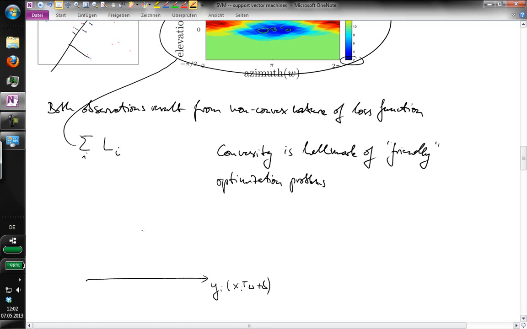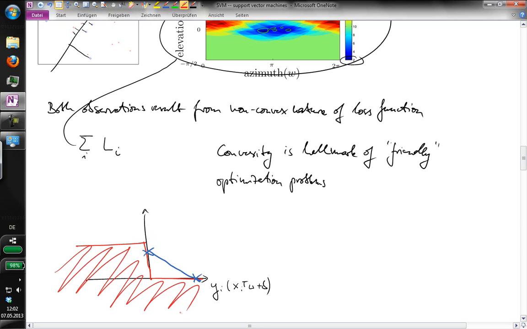Okay, so here's again the loss function that I drew before for misclassification error. And this is non-convex. By non-convex, I mean the following. Look, if I connect this point and that point, I get a straight line which does not intersect with my curve.